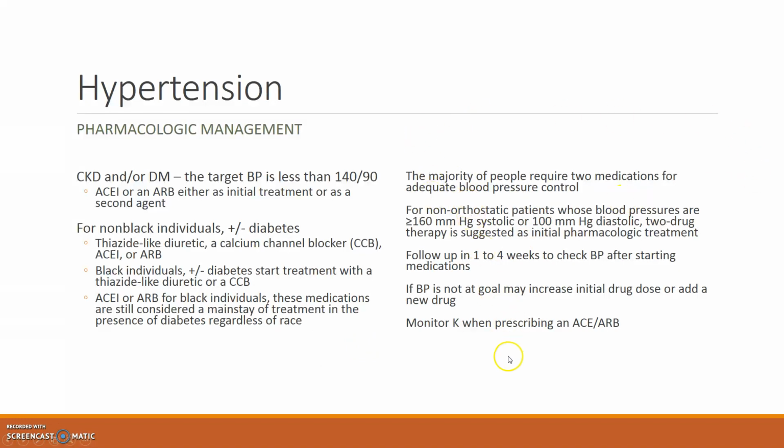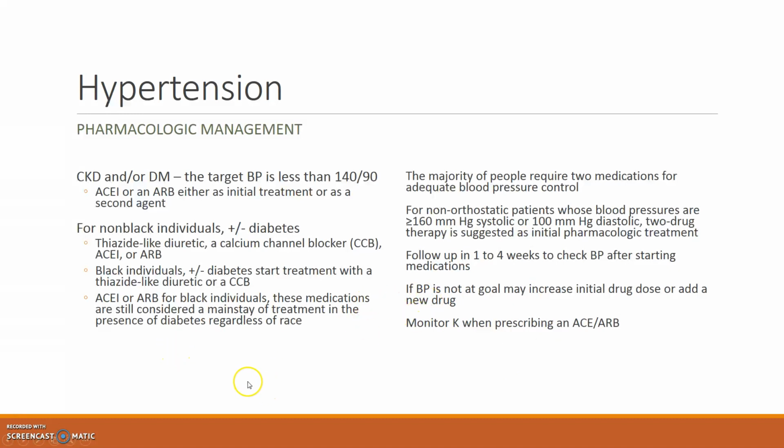Read this next statement. The majority of people require 2 meds for adequate blood pressure control, and it's not very rare that it's 3. They work differently. Again, for non-orthostatic patients whose blood pressures are greater than 160 over 100 diastolic, 2-drug therapy is suggested. Follow up in 1 to 4 weeks. I do it sooner for toleration.